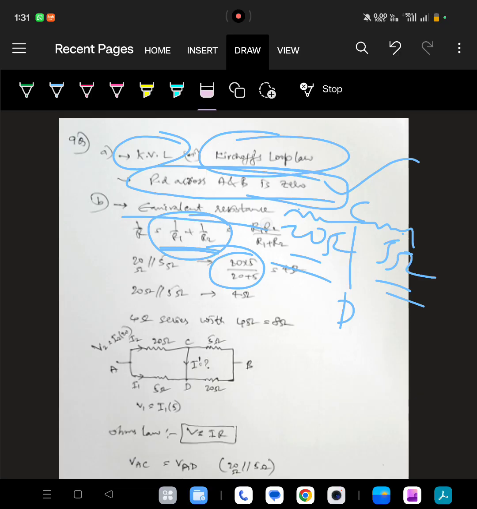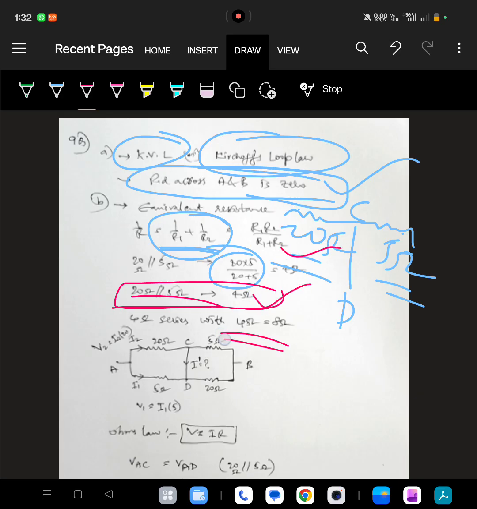For that we write the formula R1R2 by R1 plus R2. Again in the second case also, the 20 ohms and 5 ohms are parallel. We will get 4 ohms. 4 plus 4, we are adding because they are in series. We got the equivalent resistance.